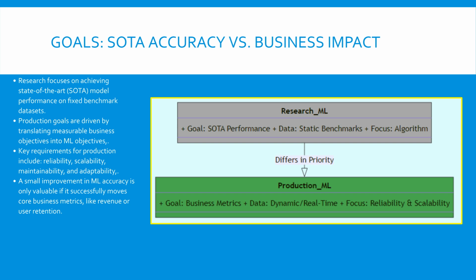It must handle dynamic, constantly changing data. The key focus here is ensuring the system's reliability and ability to scale up efficiently. While both activities use machine learning models, their requirements, and therefore their engineering priorities, are fundamentally different. Reliability in production is often more valued than squeezing out the last fraction of accuracy in a research setting. Production systems must support the company's continuous operations.